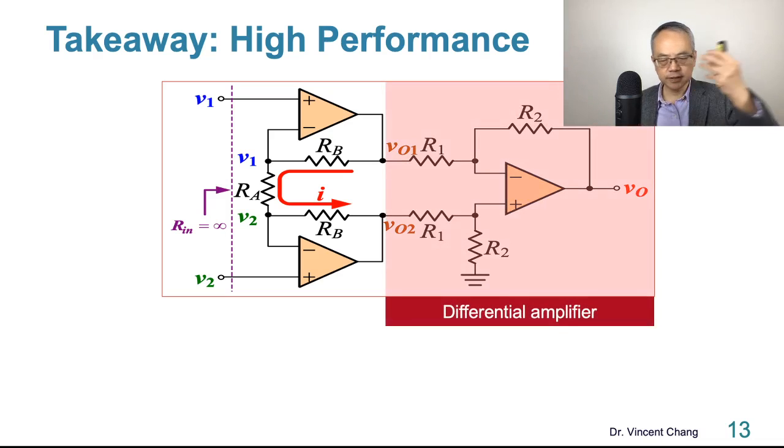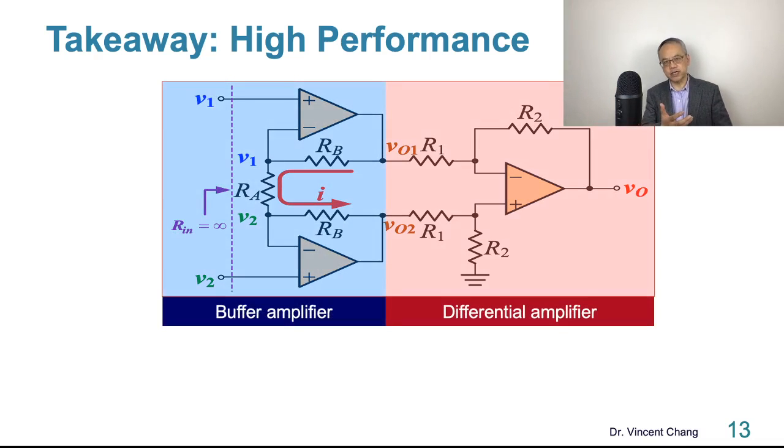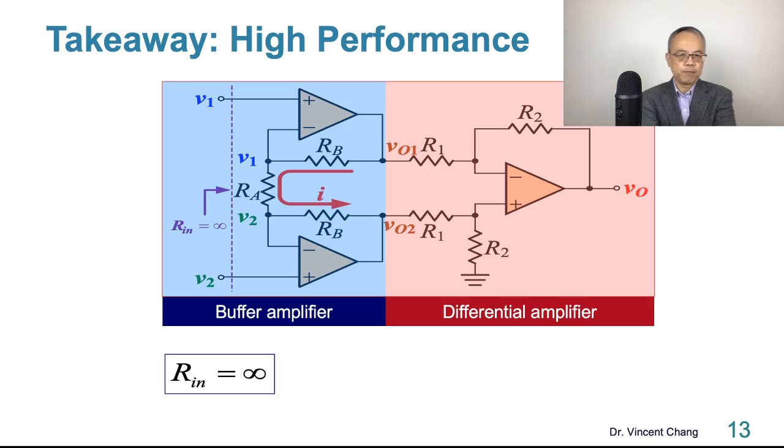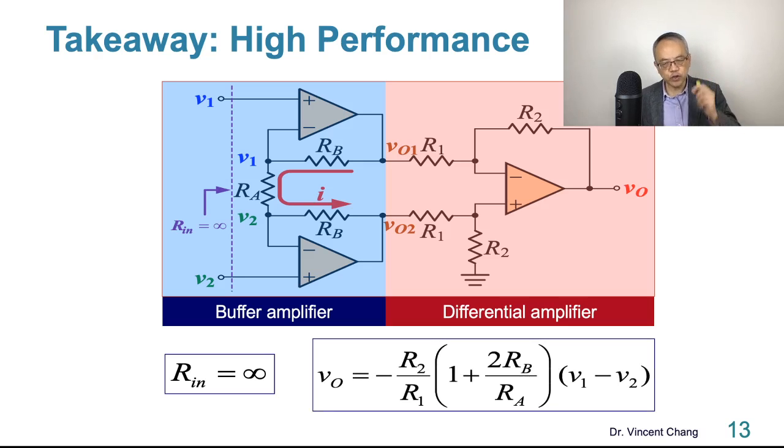Two stages: the second stage, differential; the first stage, buffer. Very high input resistance, and the differential gain is usually adjusted by an off-chip resistance RA.